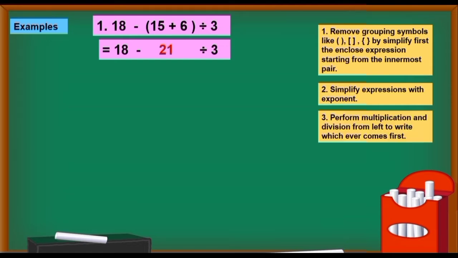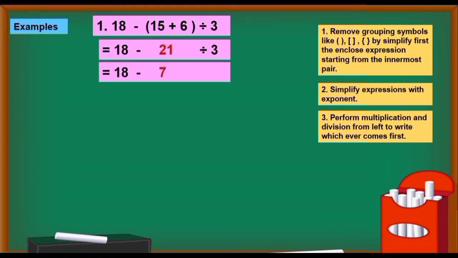Pupunta na tayo sa pangatlong rule. Perform multiplication and division from left to right, whichever comes first. So, kung mapapansin po natin, meron tayong division, which is 21 divided by 3. And what is 21 divided by 3? Yes, that is 7.